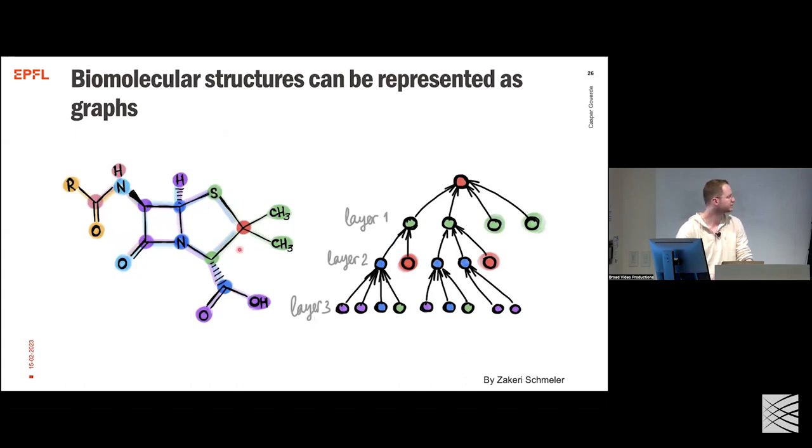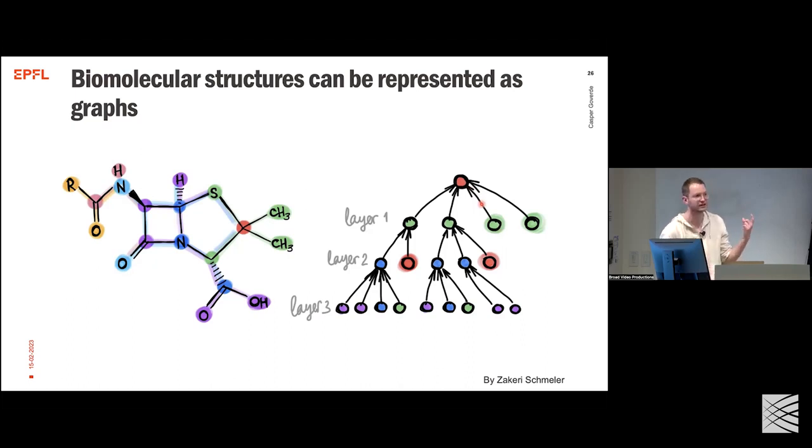a talk about algorithms. You can represent biomolecules as a graph. For example, if you take a molecule here and you take this carbon atom here in red, you can represent the atoms as nodes, as the circles here, and you can represent the distances between them as edges, which are the arrows.